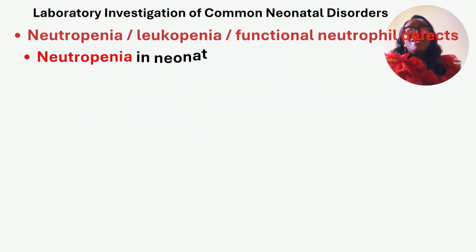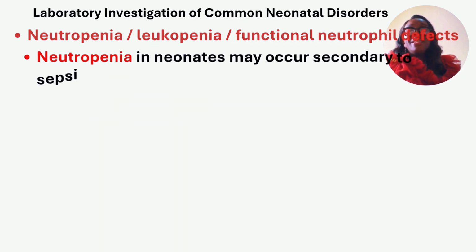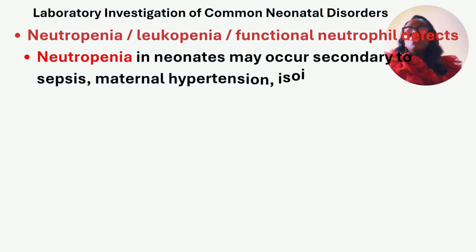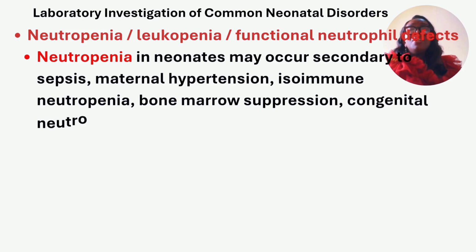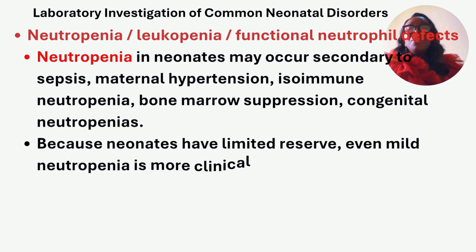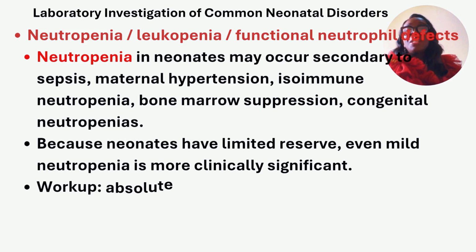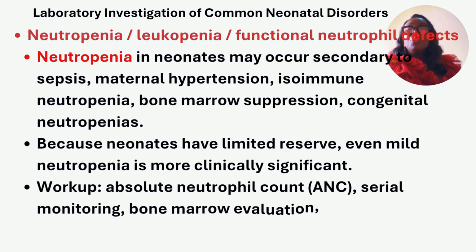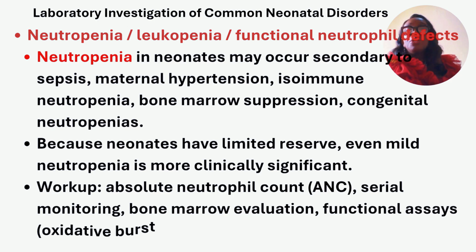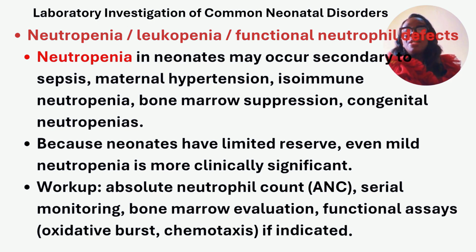Another disorder that can occur in neonates is neutropenia, leukopenia, and functional neutrophilia. Neutropenia in neonates may occur secondary to sepsis, maternal hypertension, isoimmune neutropenia, bone marrow suppression, or congenital neutropenias.